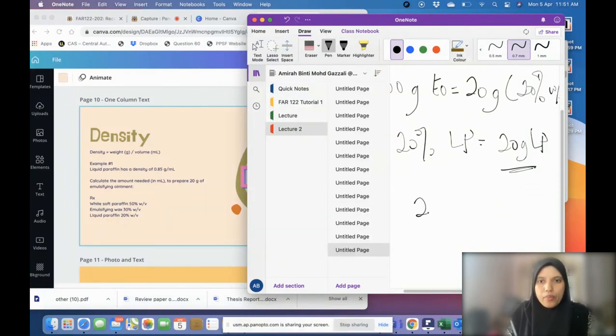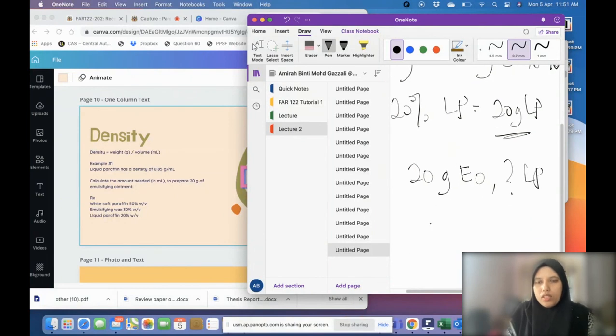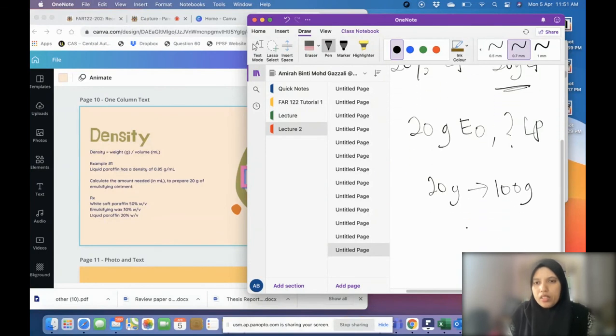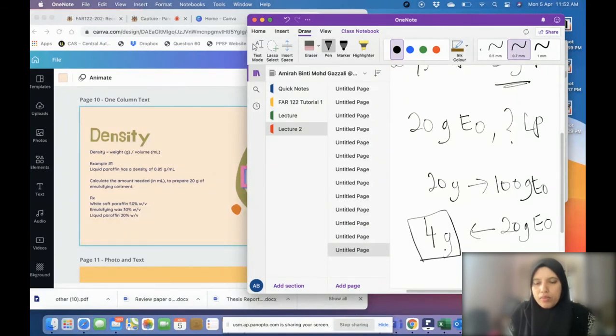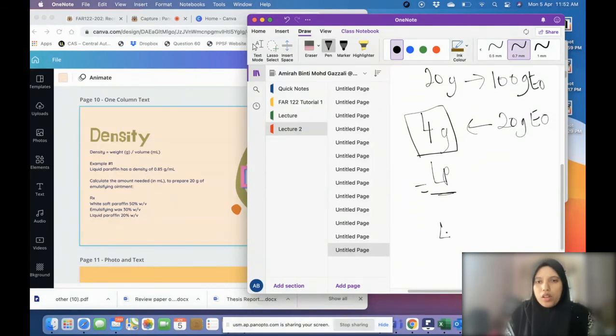So if you want to prepare 20 gram of emulsifying ointment, how much liquid paraffin would you need? If 20 gram is in 100 gram of emulsifying ointment, then to prepare 20 gram of emulsifying ointment, you would need 4 gram of liquid paraffin. So how many milliliters does this correspond to? You can convert this by using the density calculation.